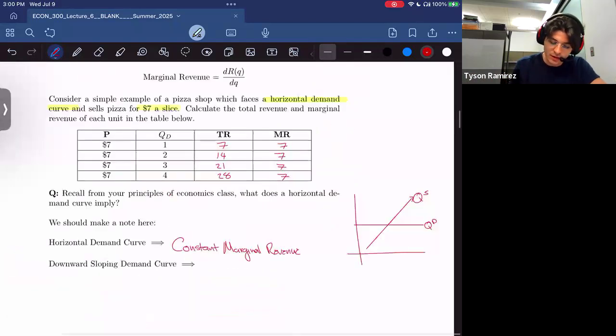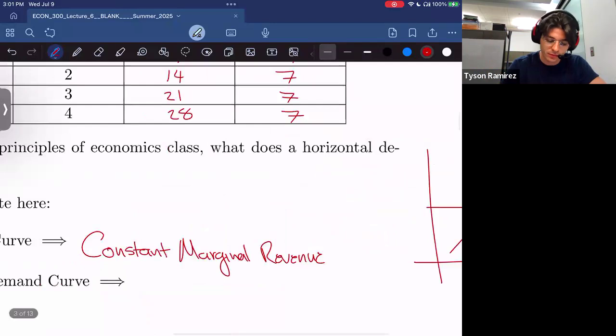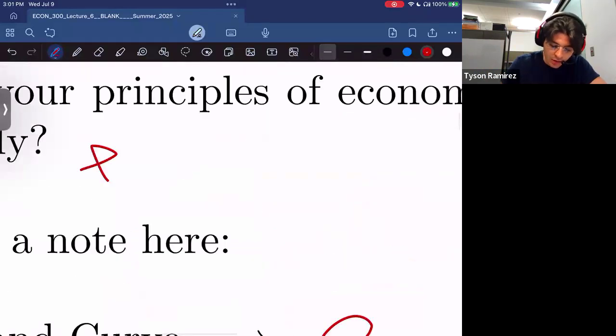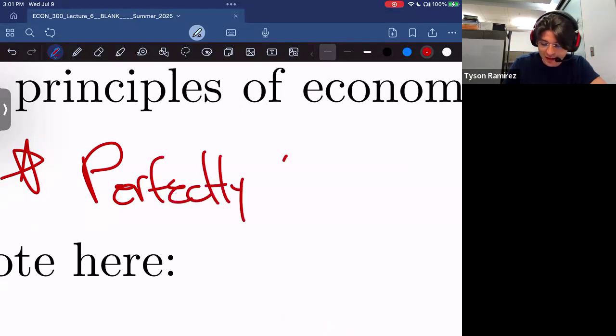How did I phrase it here? Yeah, I just called it a horizontal demand curve. What do you remember about a horizontal demand curve from your principles of micro class? What would make a demand curve perfectly horizontal? Well, if you search deep in your memory, you remember that this means that demand is perfectly elastic.